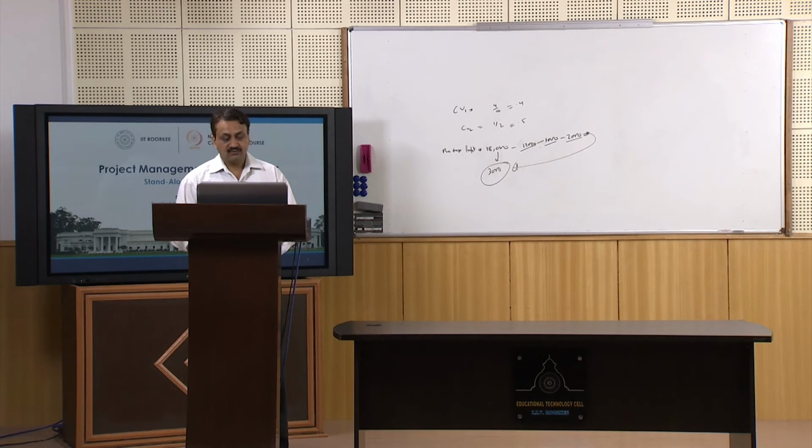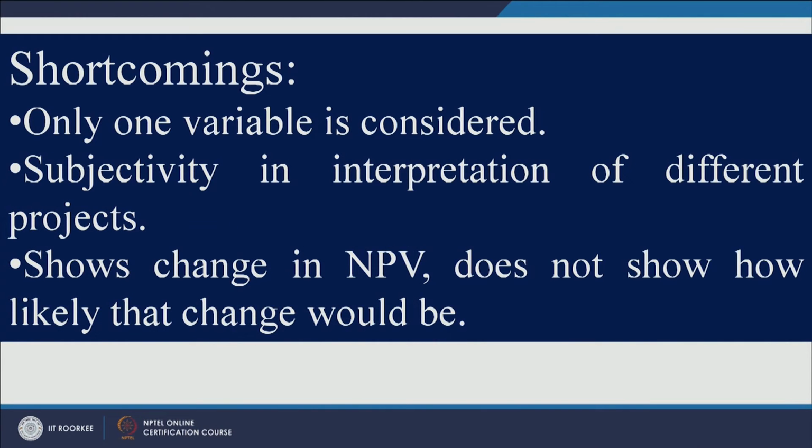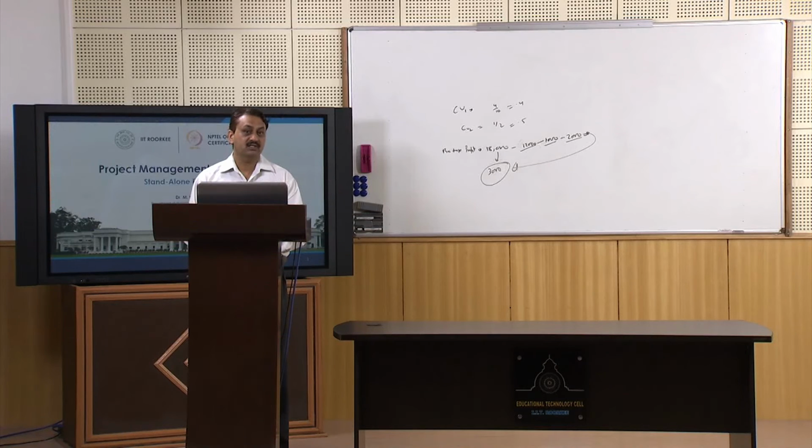It shows change in NPV but does not show how likely that change would be. We really do not know whether that much change in NPV will be there or not. What is the probability of that much decrease or increase in NPV? So, that is another shortcoming of sensitivity analysis, right. So, this was sensitivity analysis.